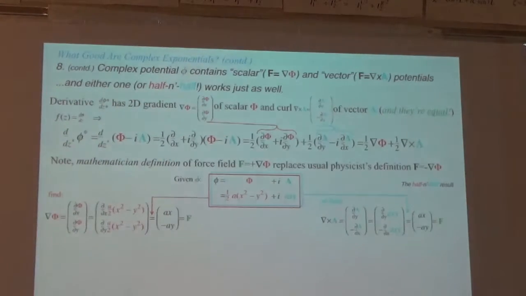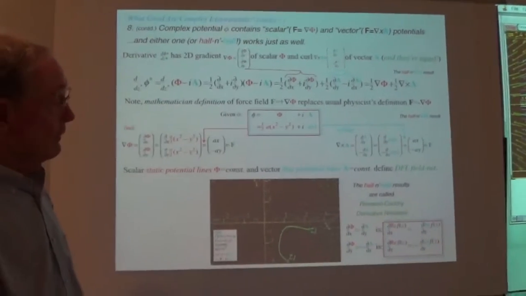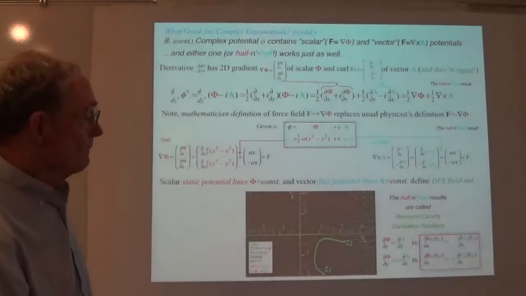So that's just to make it clear what is going on with this divergence-free laminar field net. Now, these are all pictures from chapter 10 of the review unit, so make sure you get it.